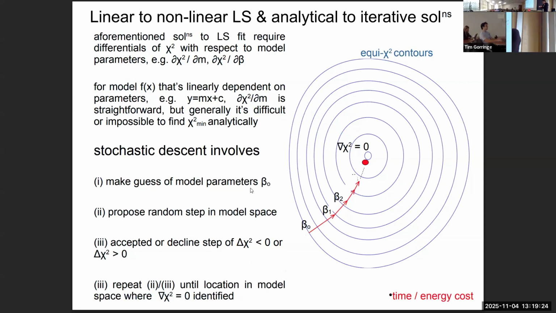So the fitting I described there is a method that works when you have what we call a linear model, when you're doing a linear least squares fit, which means that the model is linear in the parameters of the model.